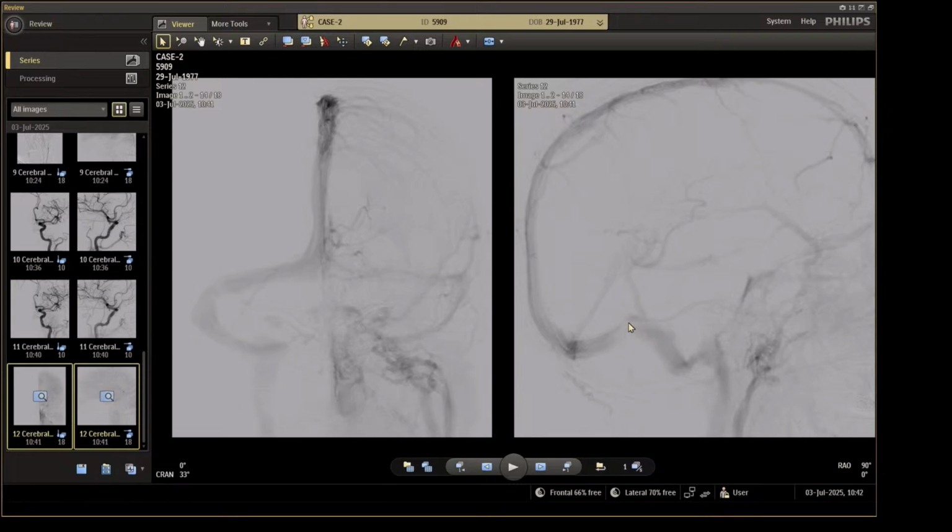Yes, here is a stenosis, here is a stenosis, and also the same stenosis on the left side. The left transverse sigmoid sinuses are hypoplastic, but at this part you can see additional venous drainage.